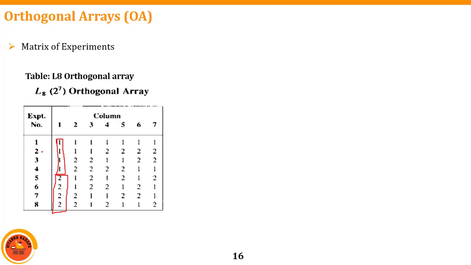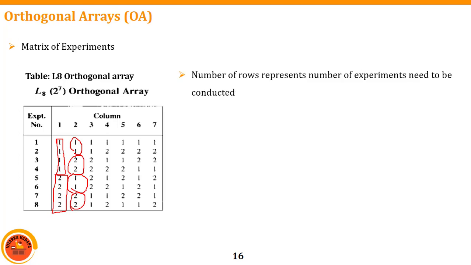Experiment 1 is conducted at level 1, experiment 2 is conducted at level 1, like that. So this will be unique: 4 levels, 4 levels. Similarly here, 2 times 1, 2 times 1, that is totally 4. Again 2 times 2, 2 times 2, totally 4. So equally spaced things will be there.